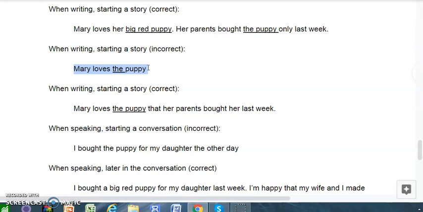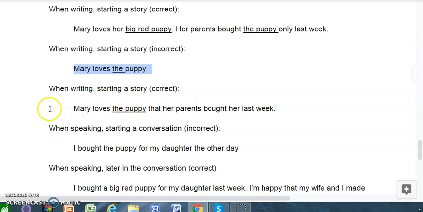So if you start a story like this, it's unclear because no puppy has been brought up to this point, and your reader is reading it, and there's ambiguity, there's a lack of clarity.